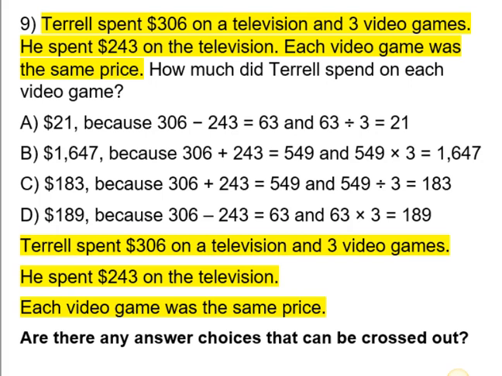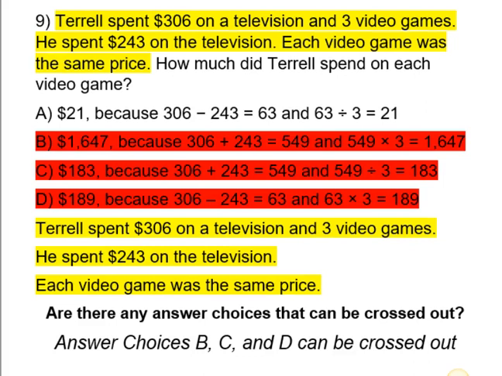We know that the total amount that Terrell spent on the TV and the 3 video games is $306. He spent $243 on the television, and each video game was the same price. If you said that we can cross out answer choices B, C, and D, you are correct.